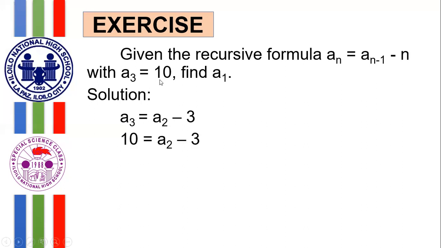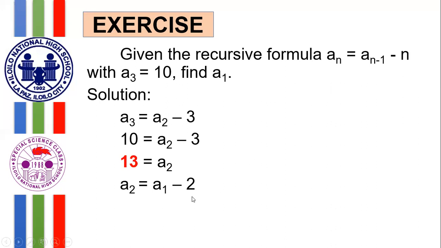So a sub 3 here will be replaced by 10. So you have 10 equals a sub 2 minus 3. You add 3 both sides. That gives you 13 as the value of a sub 2 or the second term. Now that you have a sub 2, we will replace n with 2 this time. So replacing all n's here by 2, we have a sub 2 equals a sub 1 minus 2.